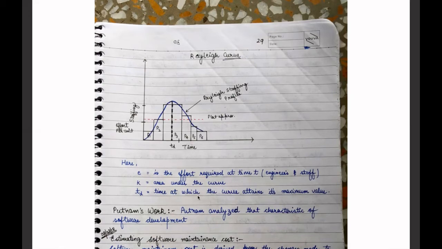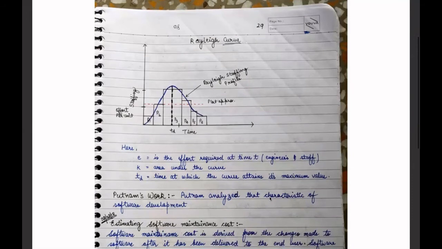Td equals the time at which the curve attains its maximum value. Now moving to Putnam's work.